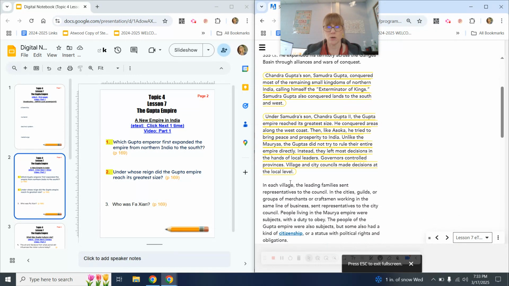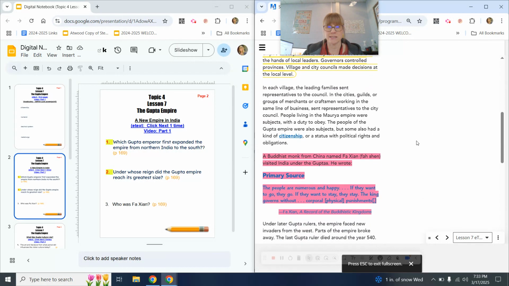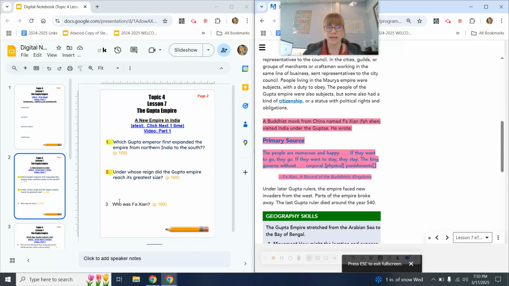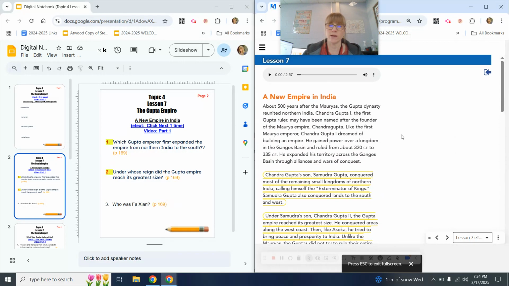The second question, which is also a mastery check question: under whose reign did the Gupta Empire reach its greatest size? And lastly, in this pink highlighted text, you'll find who was Fa Hien. I don't know if that's how it's pronounced. We'll find out as they read it. So let's go ahead and listen.